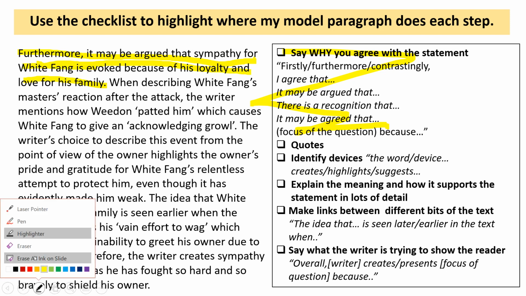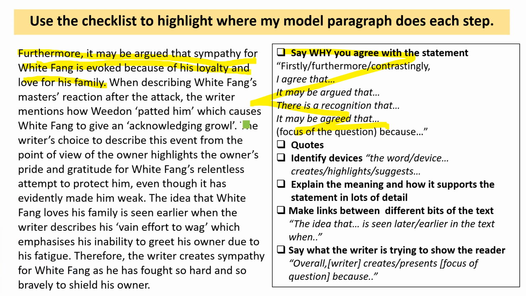I haven't repeated myself, it's a completely different, unique point. My next step is my quotes. So that is when describing White Fang's master's reaction after the attack, the writer mentions how Weedon patted him, which causes White Fang to give an acknowledging growl. Again, remember that I have used two short quotes and they're not next to each other, and that's completely fine.